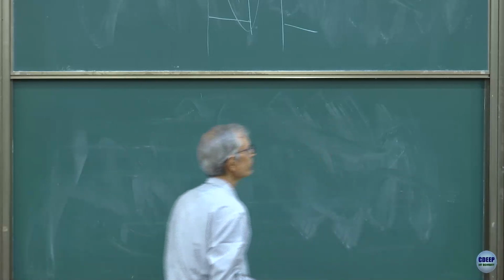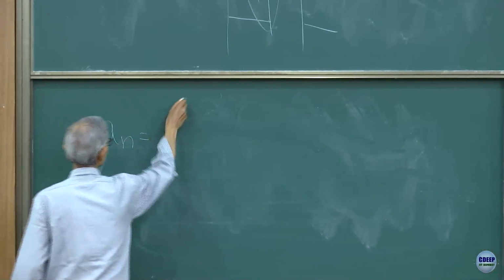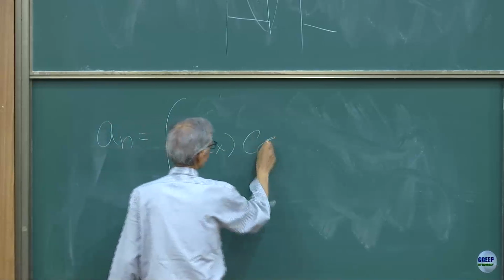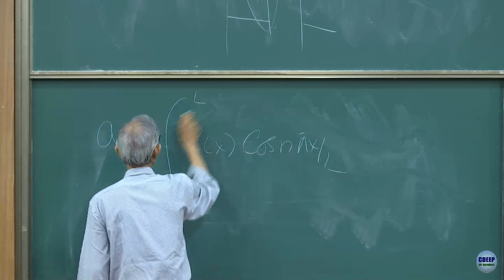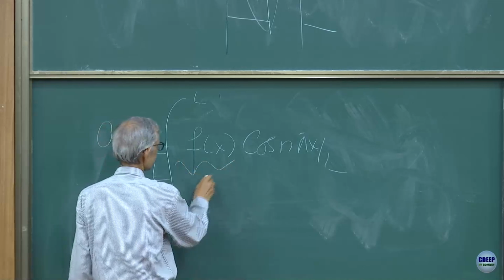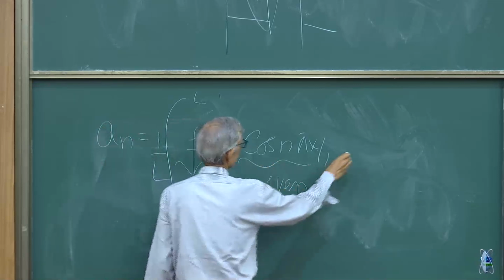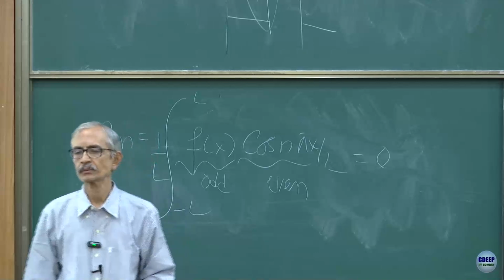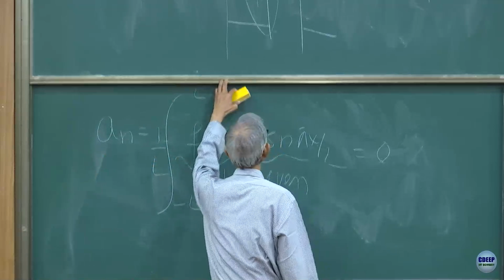So this guy is an odd function, and therefore if I'm talking about an an, this is going to be f of x cos of n pi x by L, from minus L to L, 1 by L. And because this guy is an odd function, this guy is an even function, so I don't need to do any algebra, and I just am going to put these equal to 0.